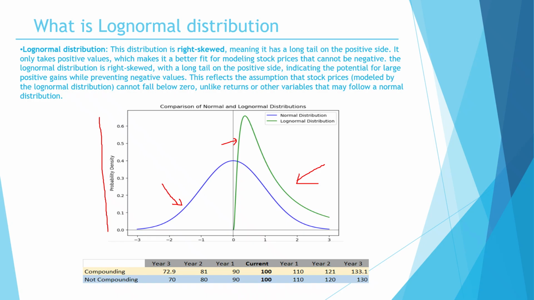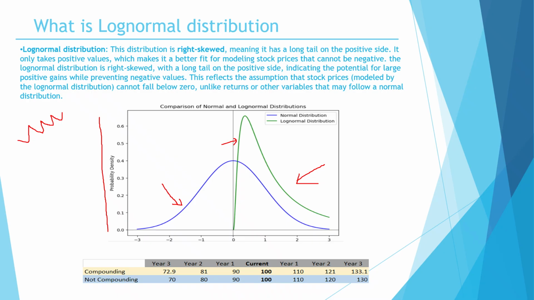Now, when you analyze the stock prices, we observe that the stock prices follow the log normal distribution. Just as an example, the stock prices have random behavior. Stock prices move in a random form. For example, this is the trajectory of the stock price movement.